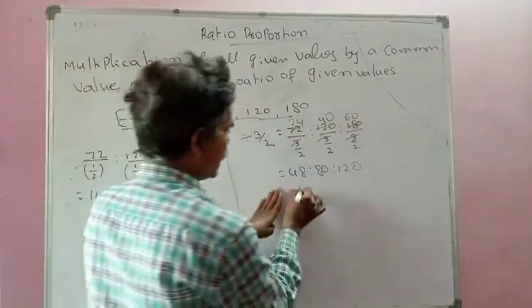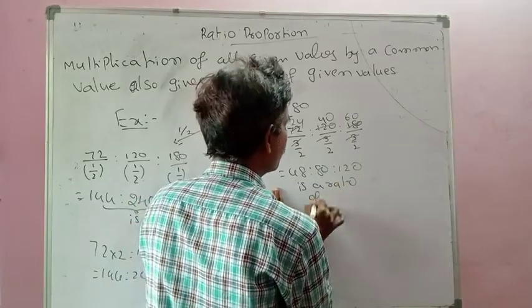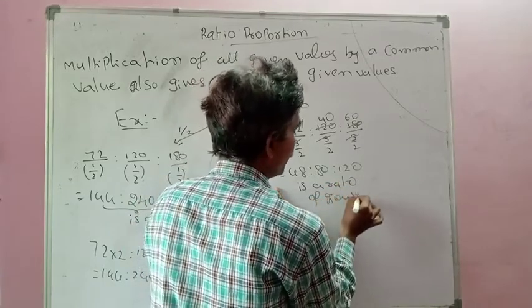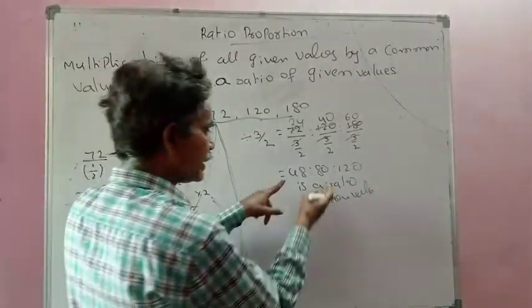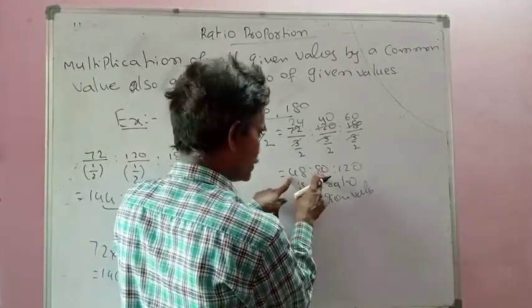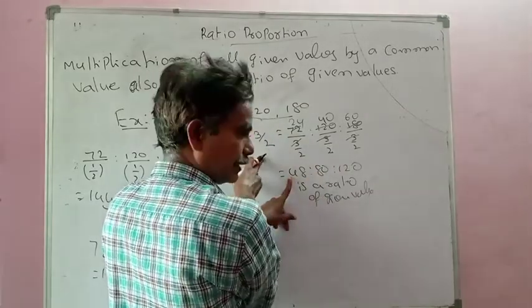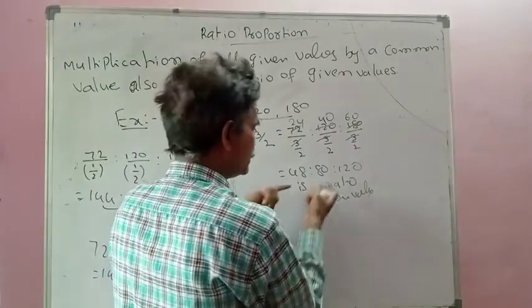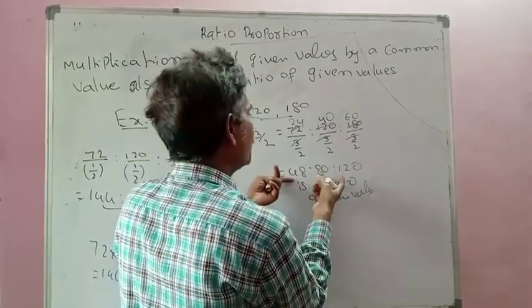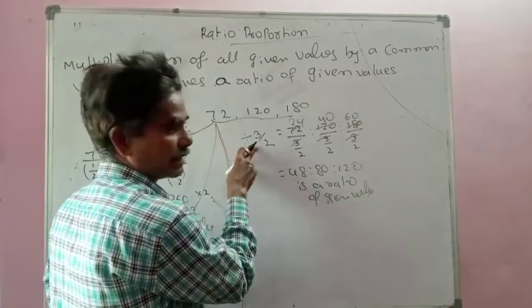This is a ratio of given values. We got this ratio by dividing given values by 3/2. But we can get this ratio even by multiplication of given values by 2/3 also.